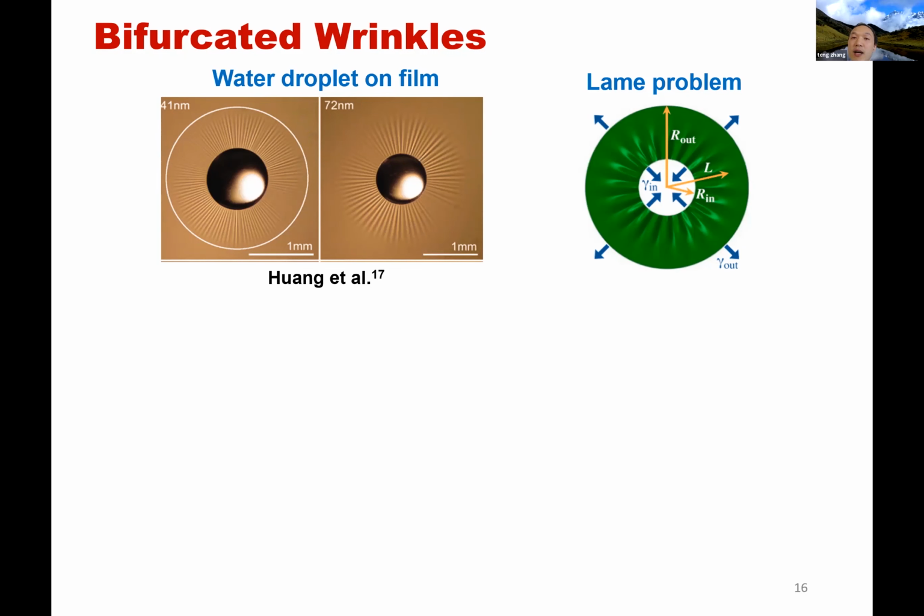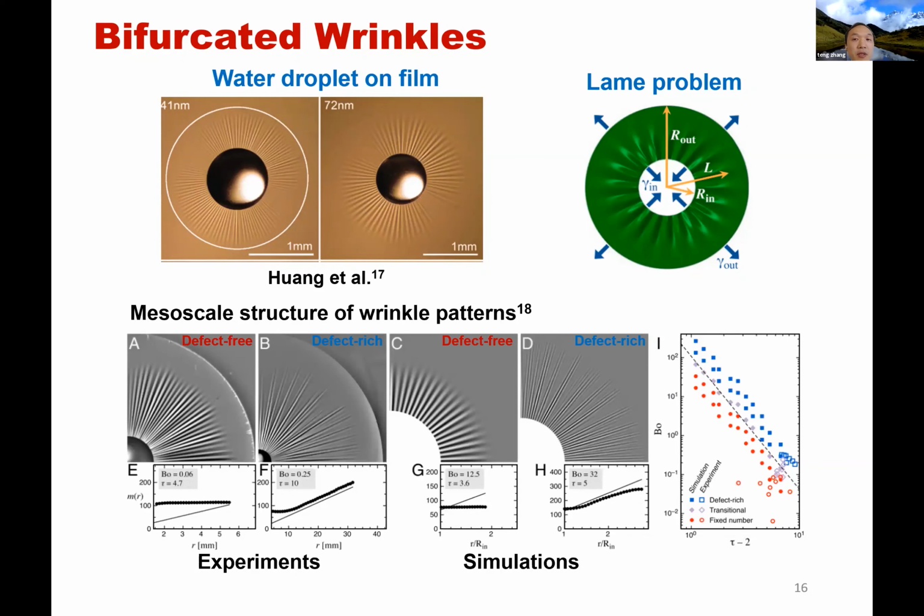You can simplify this into a Lamé problem, and people, particularly at UMass, have been working on this a lot. Recently we collaborated with Benny from UMass and Joy Paulson at the SU Physics. We studied the mesoscale structure of wrinkle patterns.